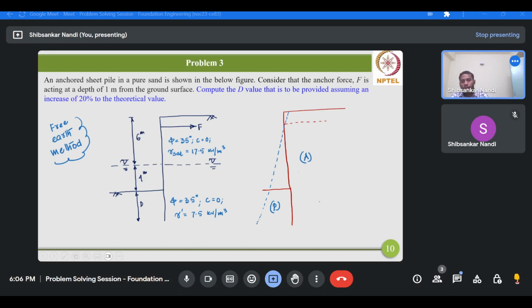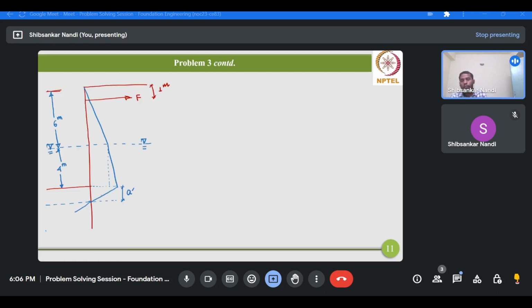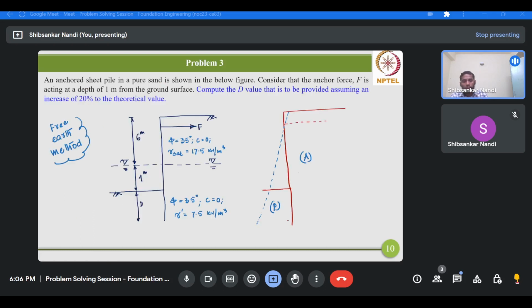So the distribution will shift from the right side to the left side. Earlier, at the base of the wall, these active and passive conditions would also change, meaning on the right side we had passive and on the left side we had active. But this is not the case here. Active and passive, these two conditions are already fixed.